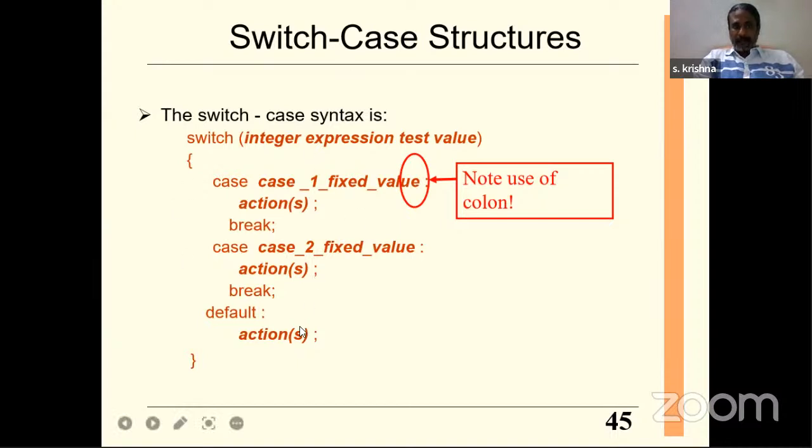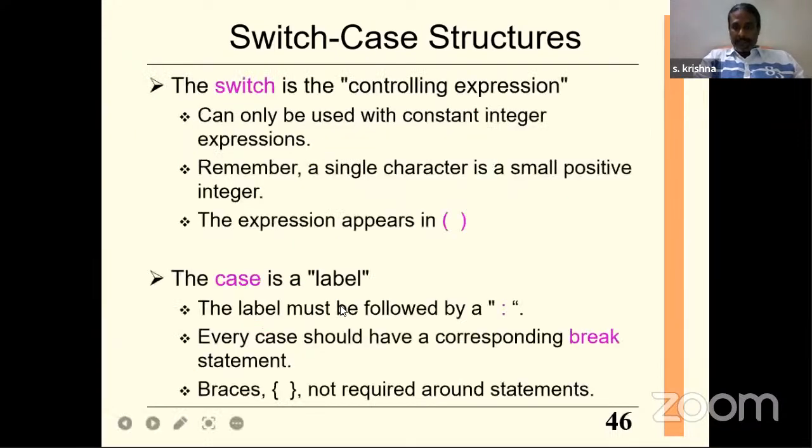So these are the cases for the switch. Switch is a control expression where only integer values will be stored. The case is a label which is terminated by colon, and break is a statement which makes the program stop there and come out of the loop.